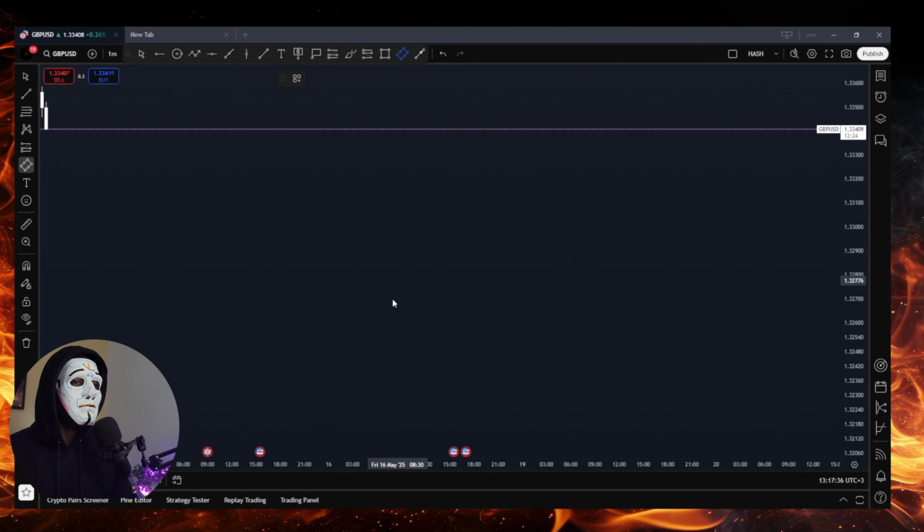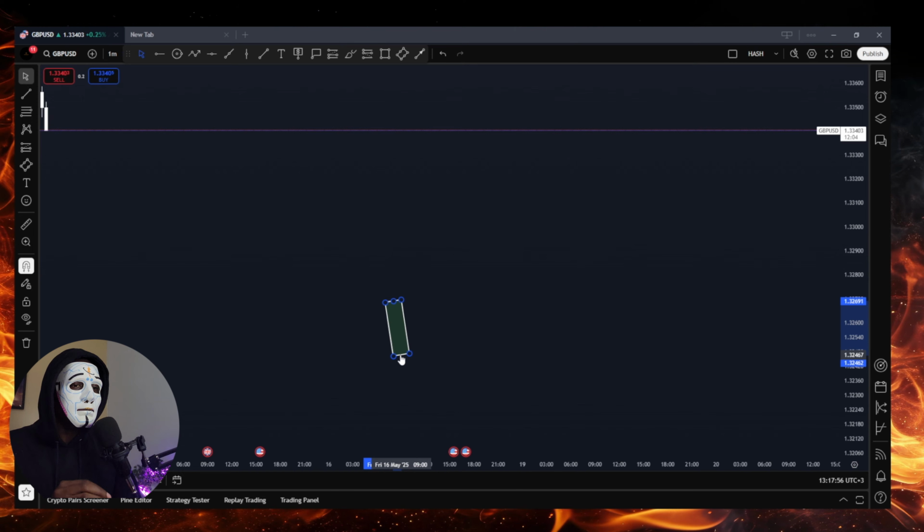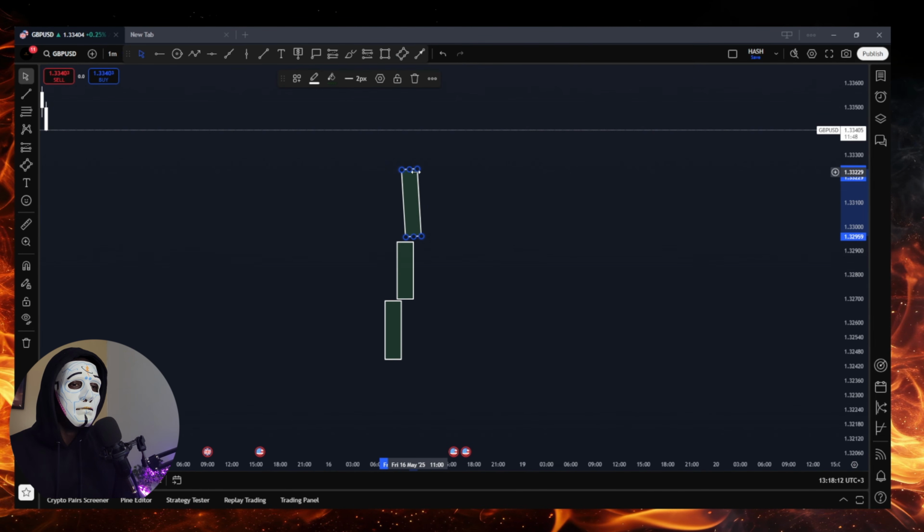So if we have a buying candle here, or if we have been only getting buy candles, if the market has been buying in this form, then we have agreed that this is an impulse. This is an impulsive move.